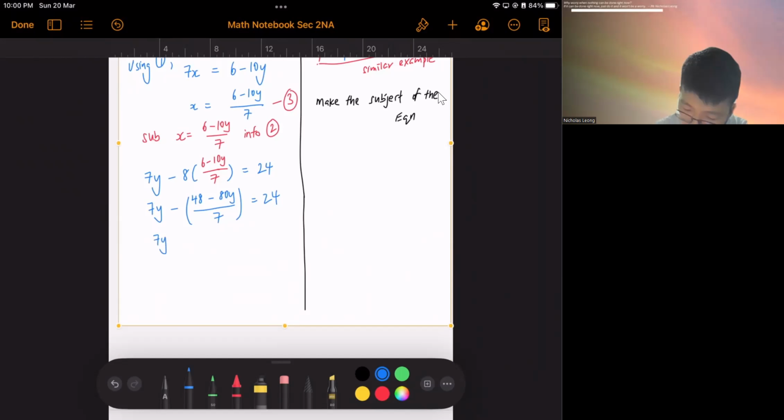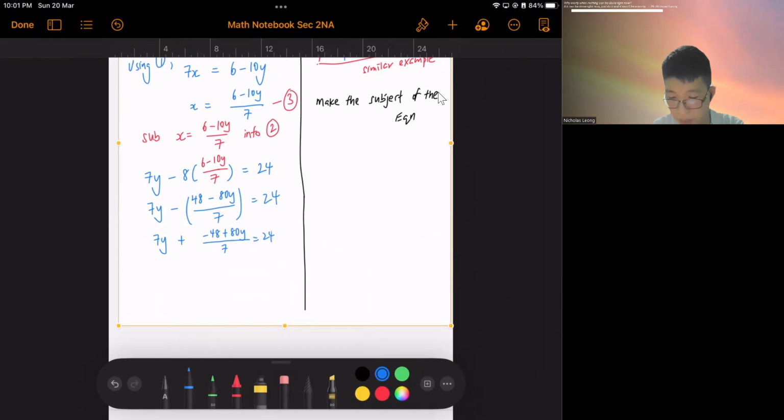So 7y minus 48, let me write properly. So minus 48 plus 80y over 7 equals 24.